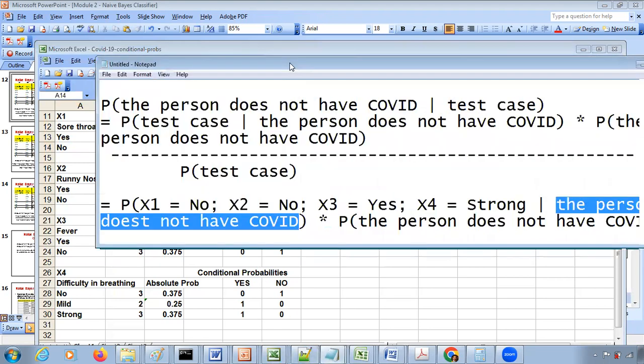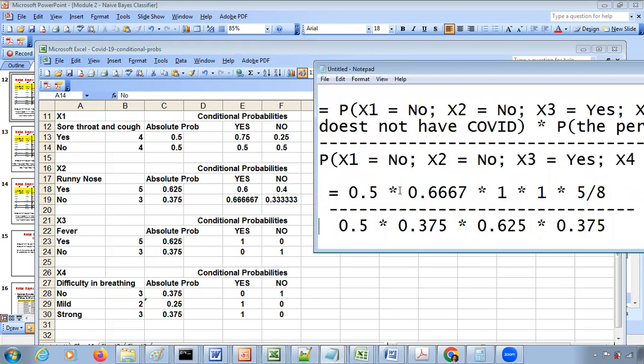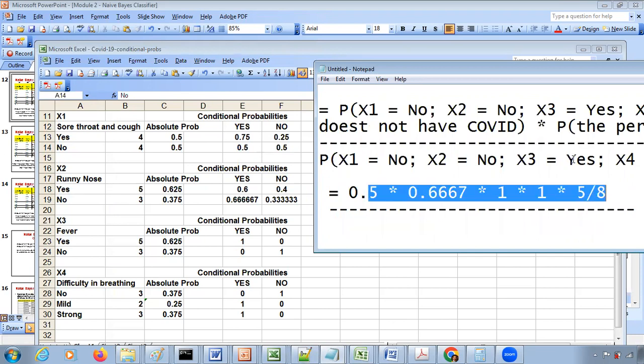For the class to be no, the person does not have COVID, what's the probability of x1 to be equal to no? That's given here as 0.5.